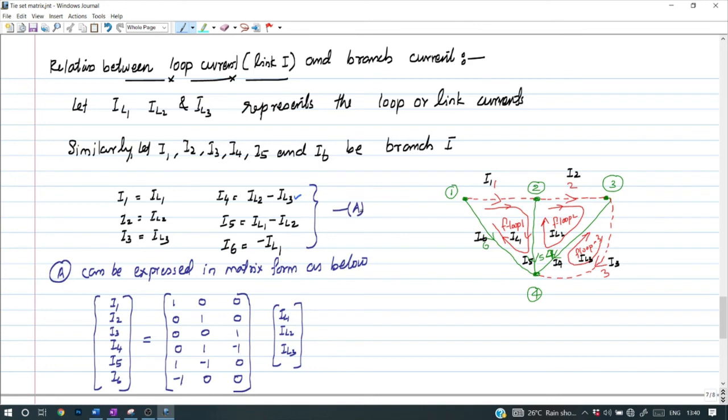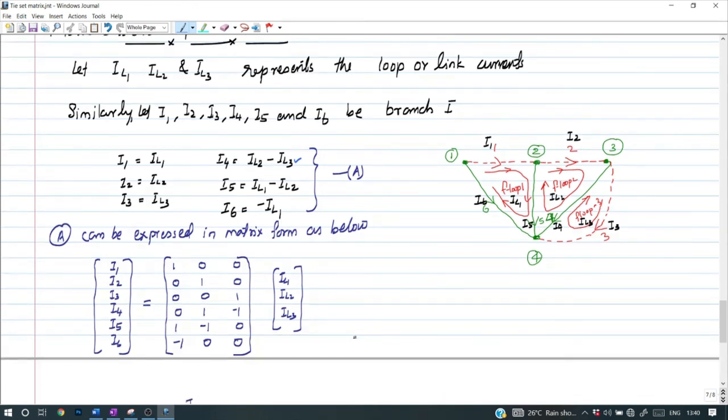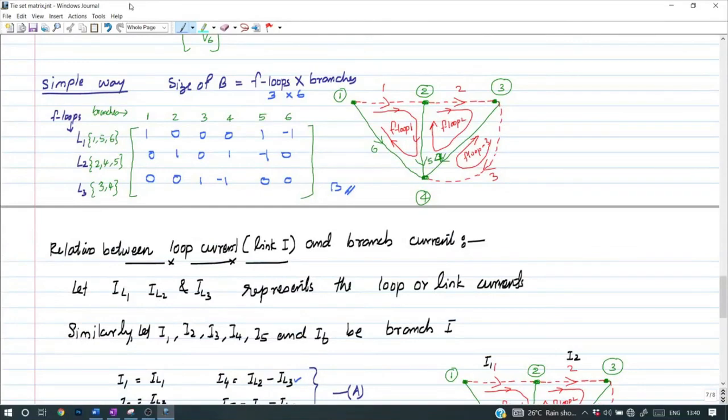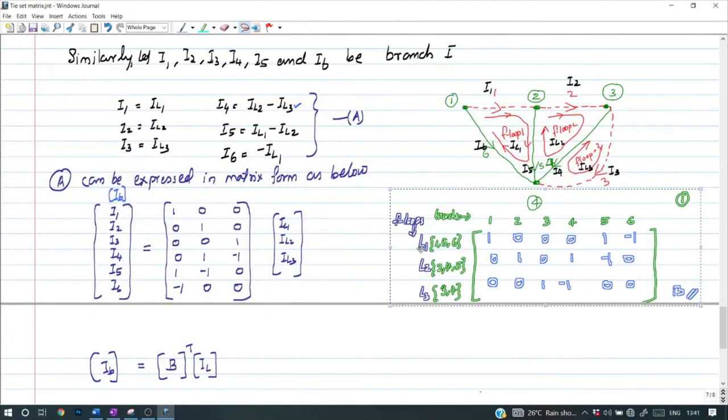This equation we can represent in matrix form like this. I1, I2, I3, I4, I5, I6 represent branch currents, so this matrix is actually the branch current matrix, which we call IB. And this matrix, when we copy the earlier matrix, is the B matrix which we got earlier.